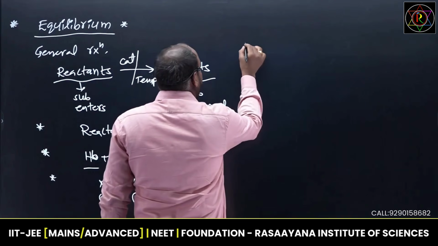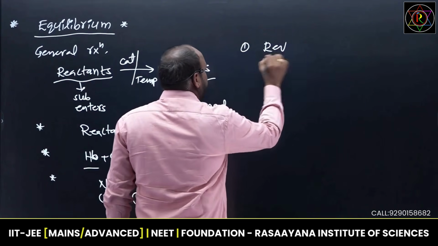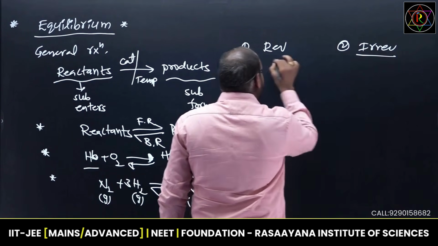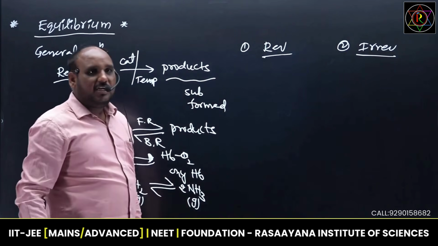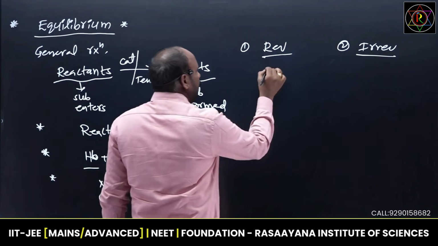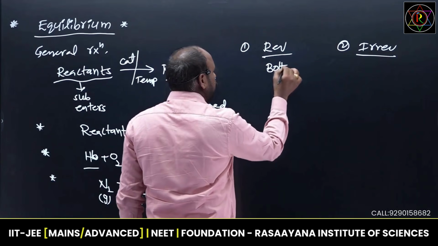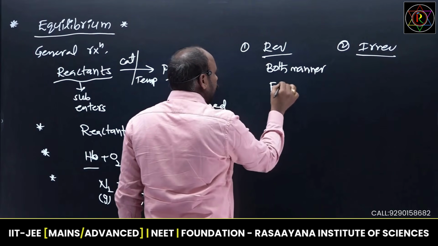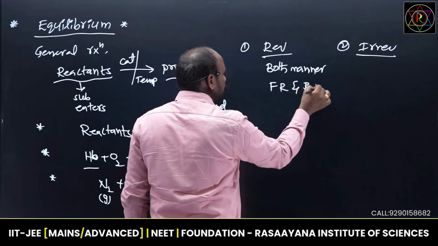So what is meant by reversible, and what is meant by irreversible? A reversible reaction is carried out in both manners, that means forward reaction as well as backward reaction.